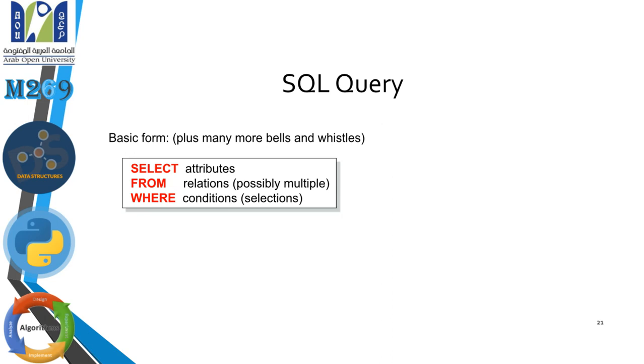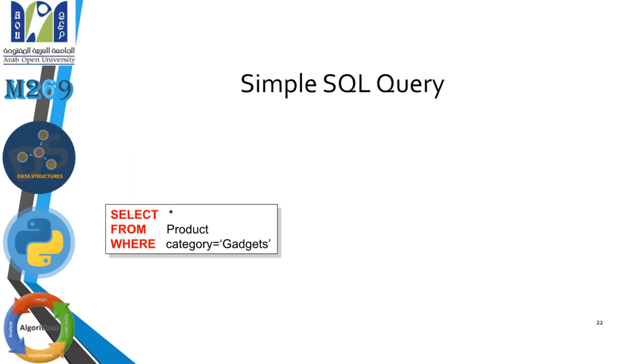Here we can see an SQL query in its basic form. Use the keyword SELECT and the name of the attributes, one or two or many, FROM which table, WHERE a condition. This is the basic structure of the SQL query. Like this one: SELECT star means select everything from the table called Product WHERE the category attribute equals gadgets.